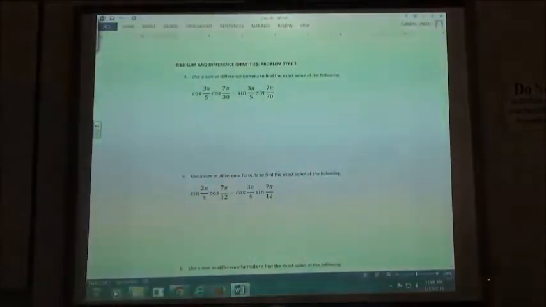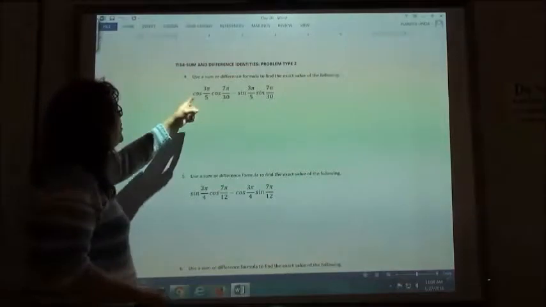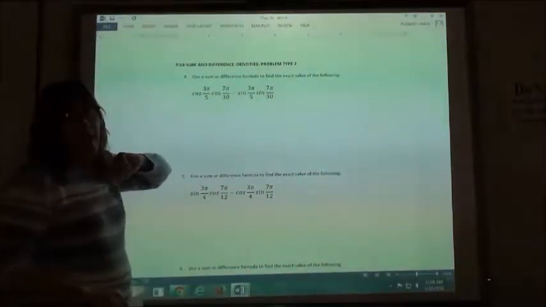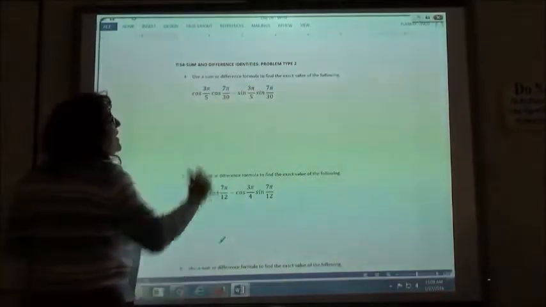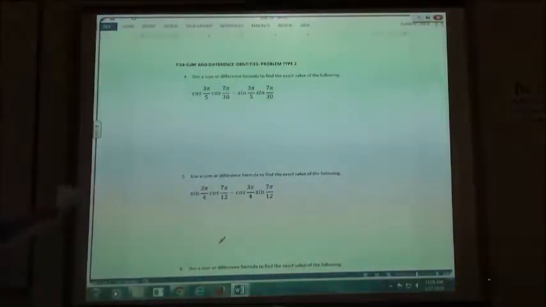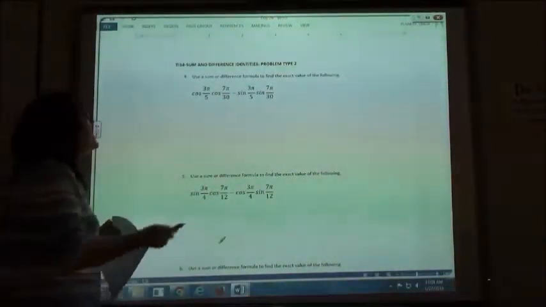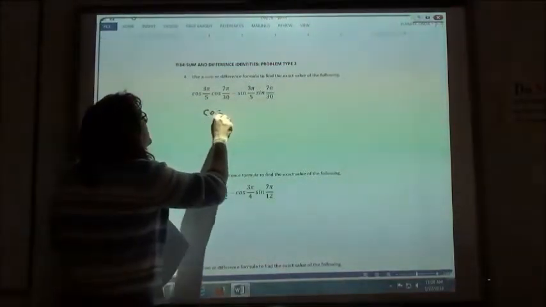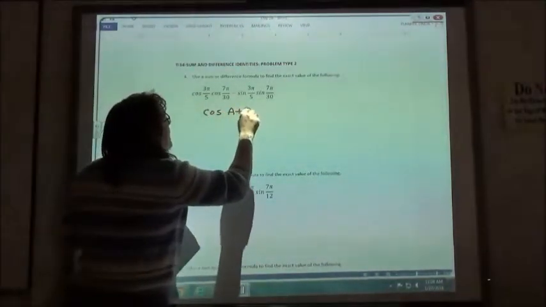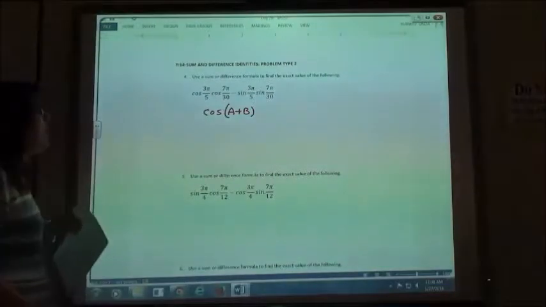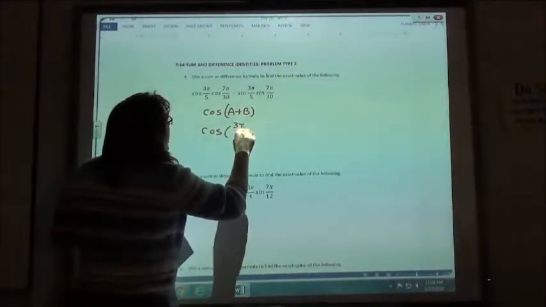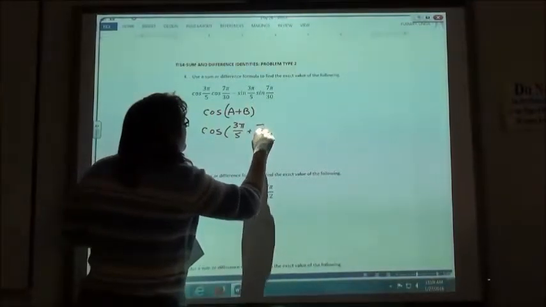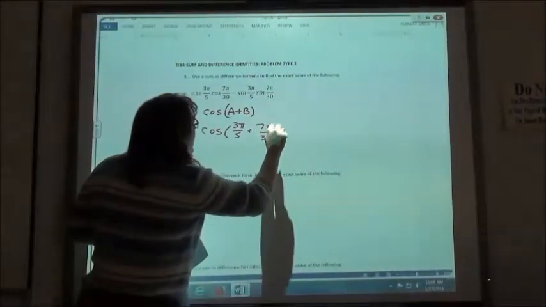the first one wants us to use the sum or difference formula to find the exact value of the following. It starts off with cosine, cosine. I know that's my cosine identity. This one has the minus sign in between, and so if you look at your sum and difference identities, this is going to be the cosine of A plus B. And so I'm going to do the cosine of 3 pi over 5 plus 7 pi over 30.